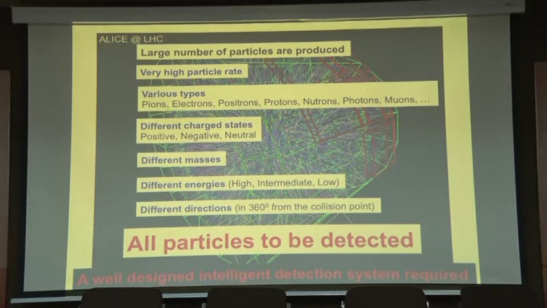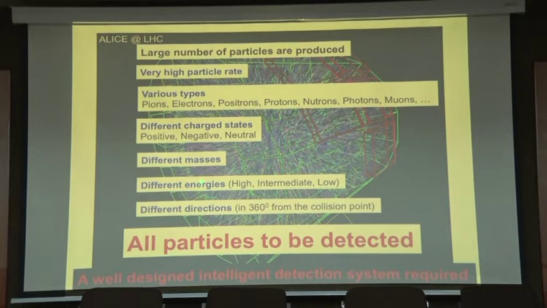This is the main activity we are involved in: building the detector. Like in our high energy physics lab, we build detectors. And one detector cannot perform all the measurements, so a lot of detectors are required.